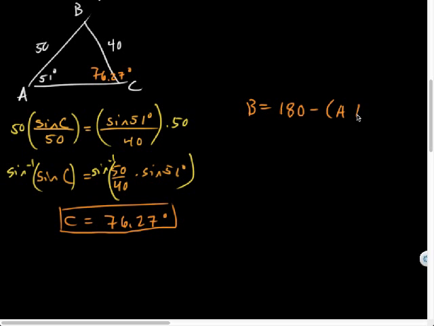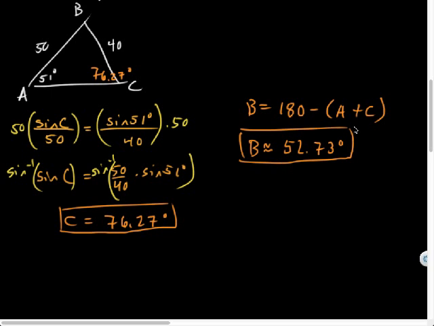Yes, 180 minus A plus C. So B is about 180 minus, second answer, plus 51, close parentheses, and I get 52.73 degrees. So this is going to be close to an isosceles, with 51 and 52.73. It's going to be kind of close-ish.